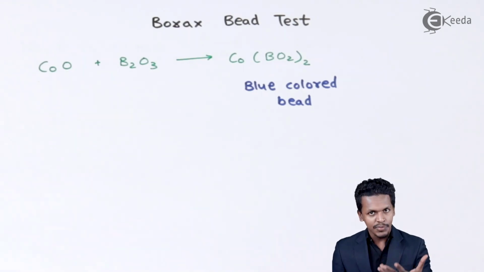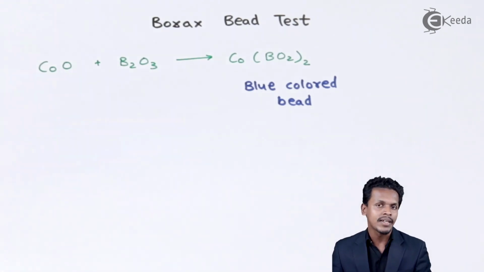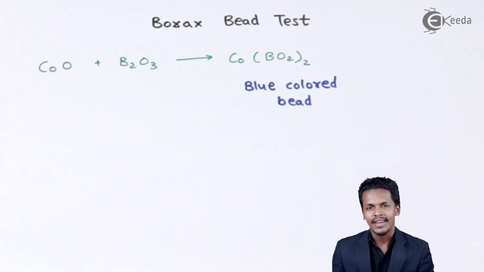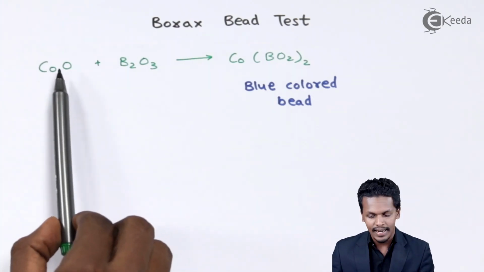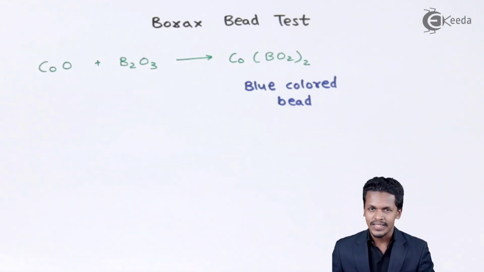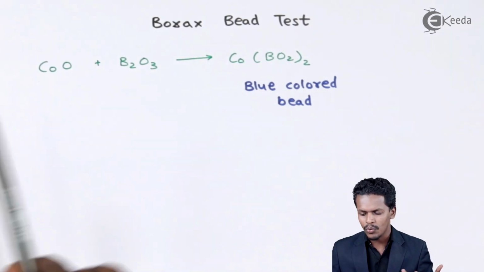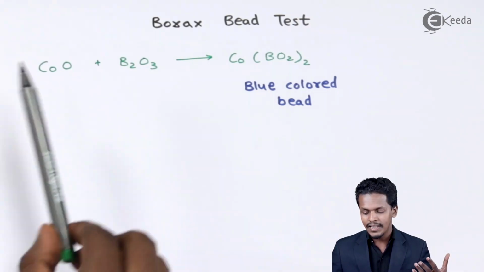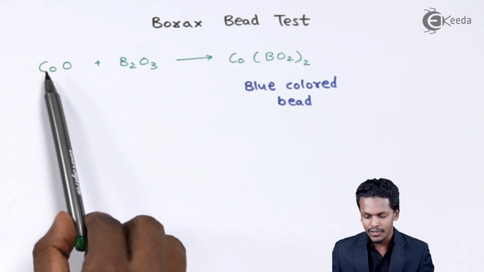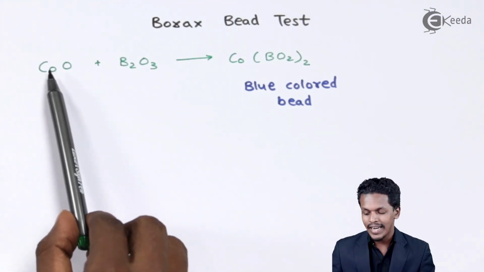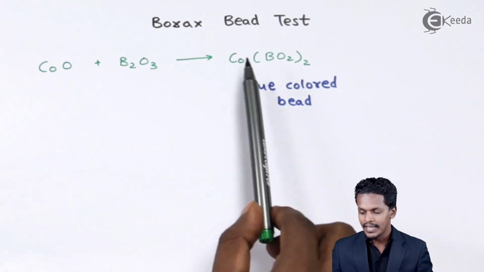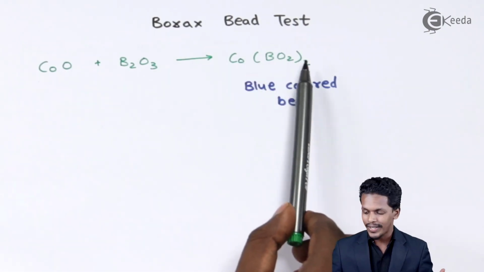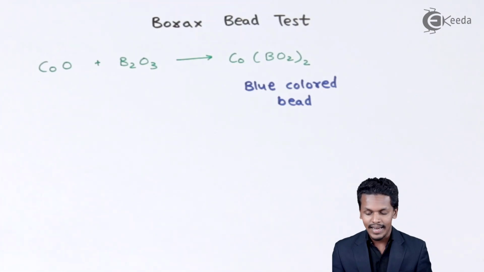For that boric anhydride that has been produced, we take a platinum wire, and on it we take the metal oxide, in this case cobalt oxide CoO, along with borax. If we mix it and burn it, B2O3 will be obtained, and the cobalt oxide will react with B2O3, and the product we get is Co(BO2)2.